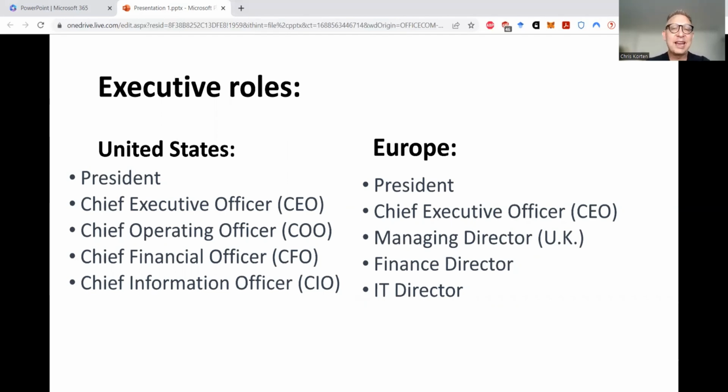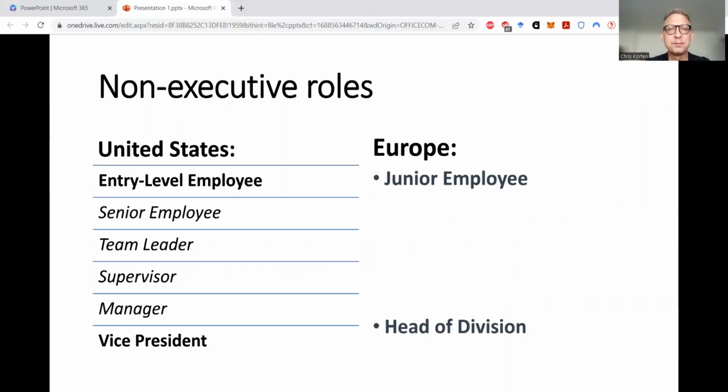But in the UK, the COO, the chief operating officer, is referred to as the managing director. And the chief financial officer in a large corporation, the CFO is what we would say, is now in England or Europe known as the financial director. The chief information officer is known as the IT director in Europe. So just a few name changes that you should be familiar with.